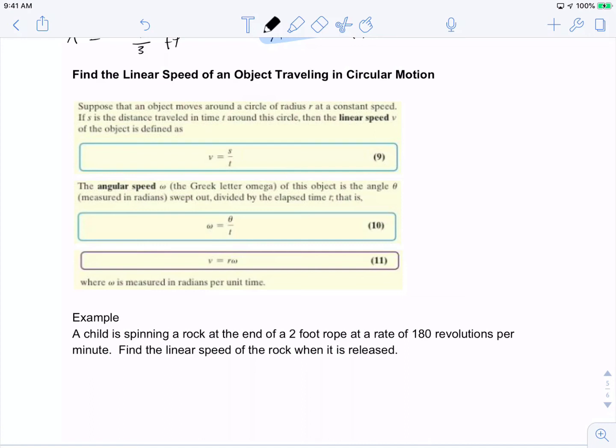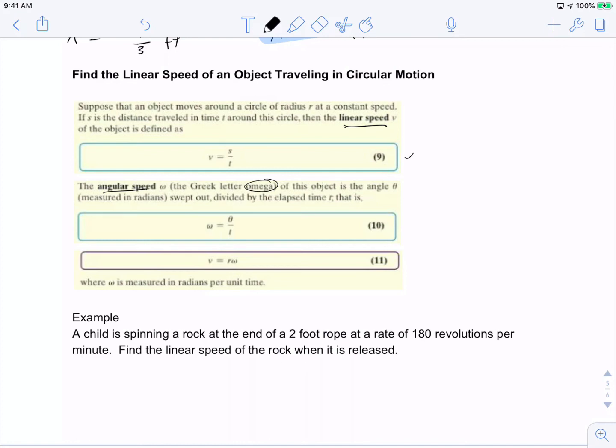So there's a couple of formulas here. The formula that we already know is that velocity is equal to the distance divided by time. That's a linear speed. Angular speed uses omega, that weird looking W, and it's the angle divided by the time.